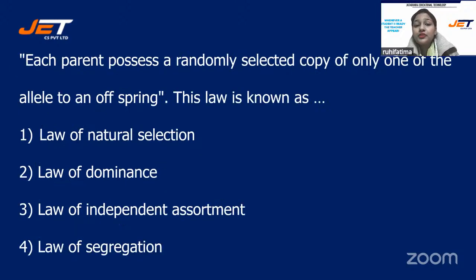Each parent passes a randomly selected copy of only one of the alleles to an offspring. This law is known as, and your options are number one, law of natural selection. Option number two, law of dominance. Option number three, law of independent assortment. Or is it option number four, law of segregation?